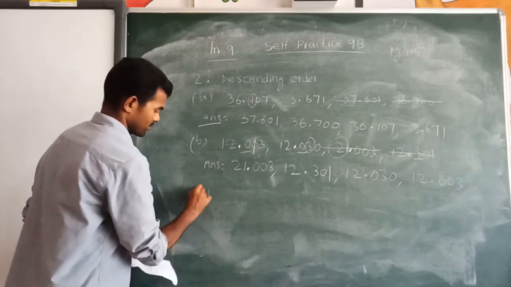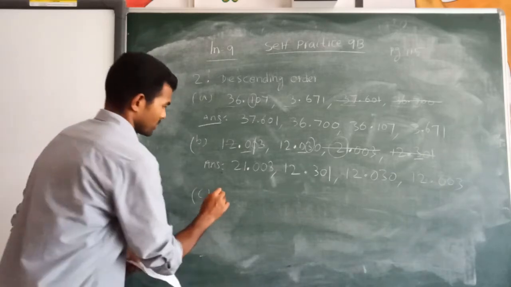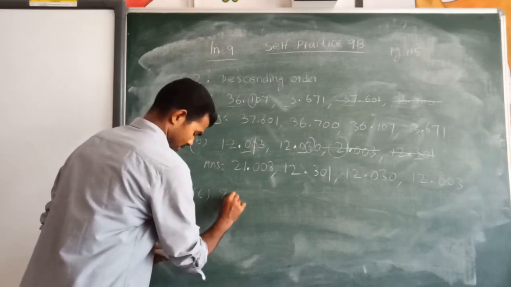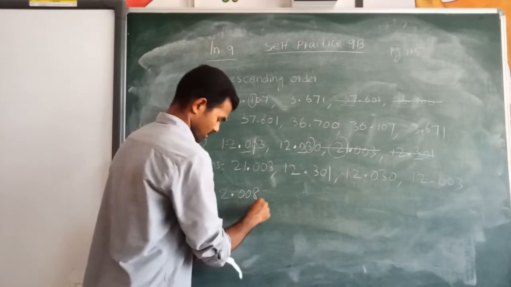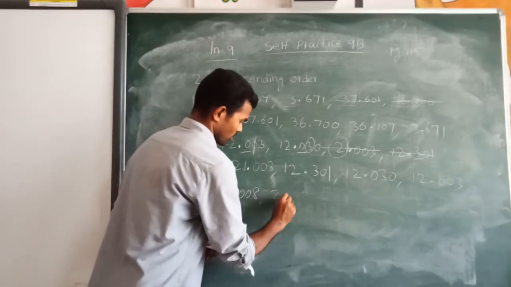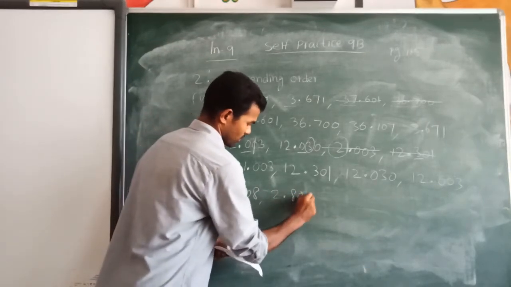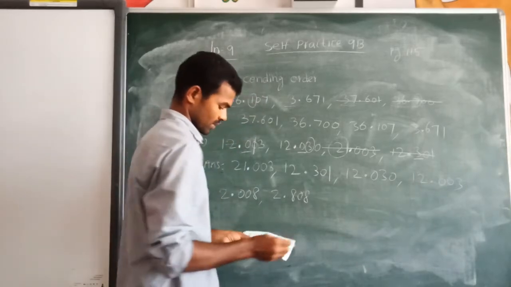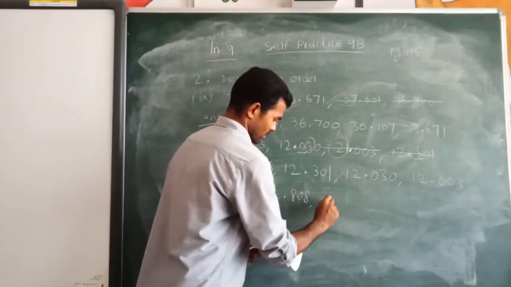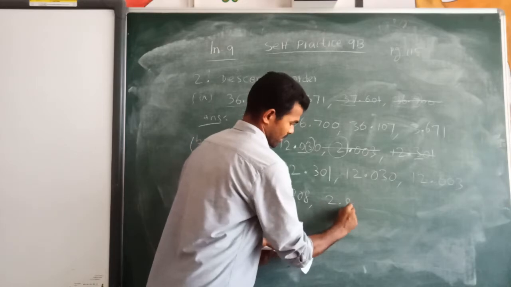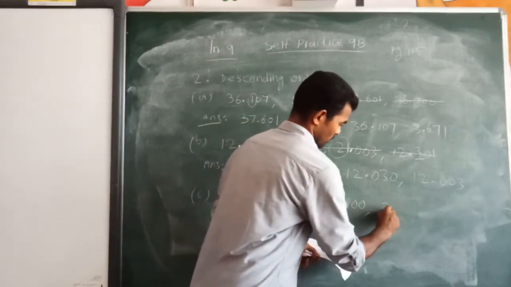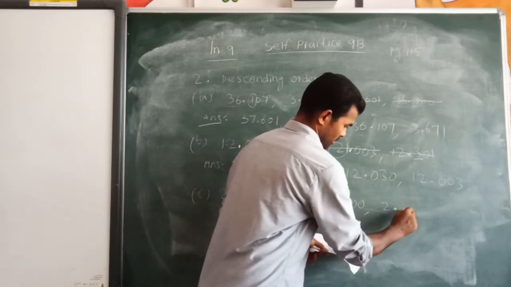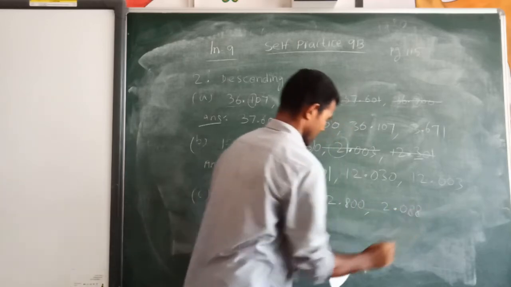Next question: 2.008, then 2.808, then 2.800, then 2.088.